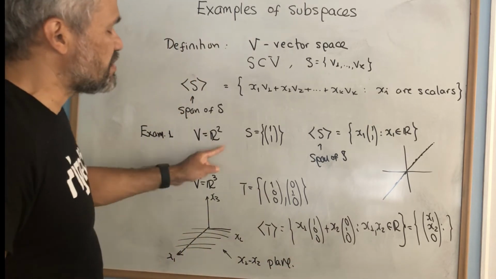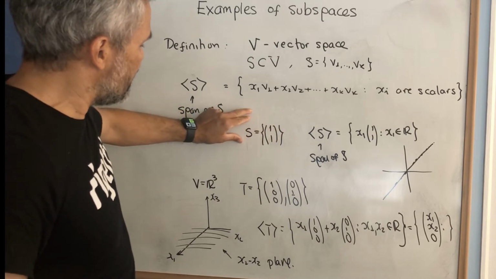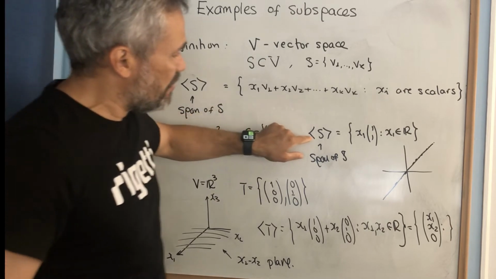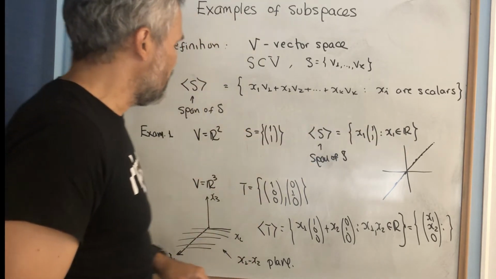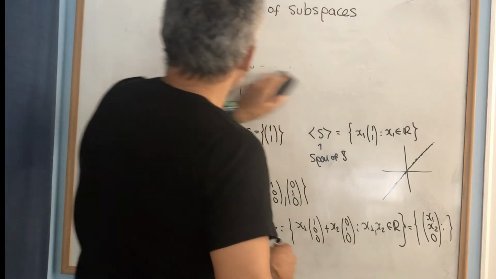Then there's the notion of the span of a finite collection of vectors. There are finitely many elements in S, but the span of S has infinitely many elements. Let's do an example with matrices.